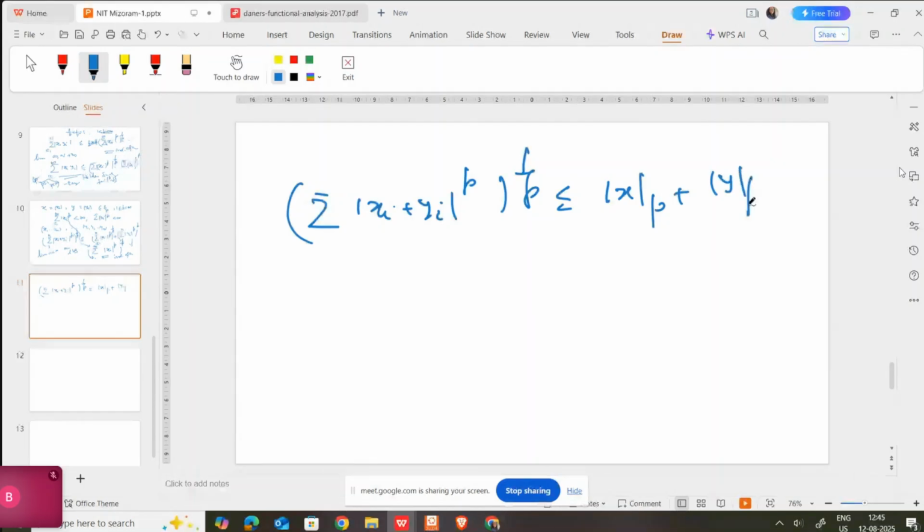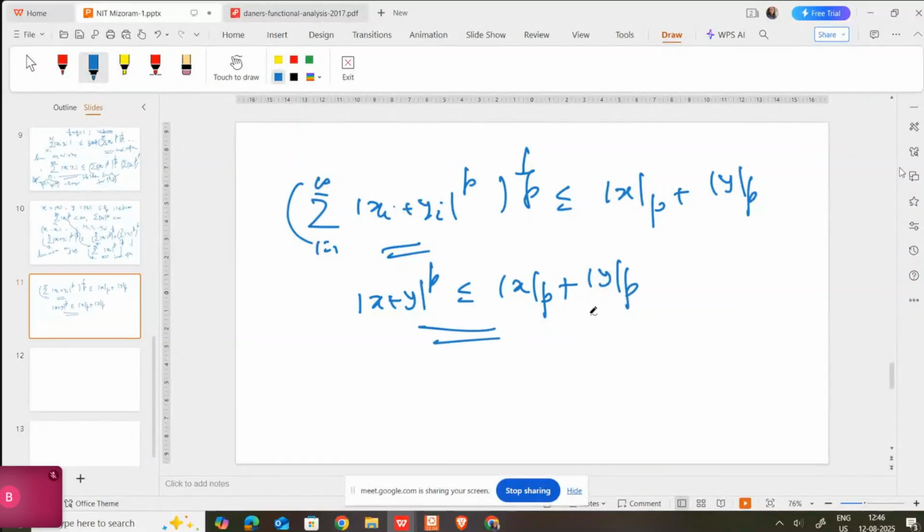Now this becomes i equal to 1 to infinity. We are coming from finite sum to infinite sum, because this side is always less than or equal to. So what is this stuff? This is nothing but norm of x plus y less than or equal to. Therefore, LP satisfies the triangular inequality.